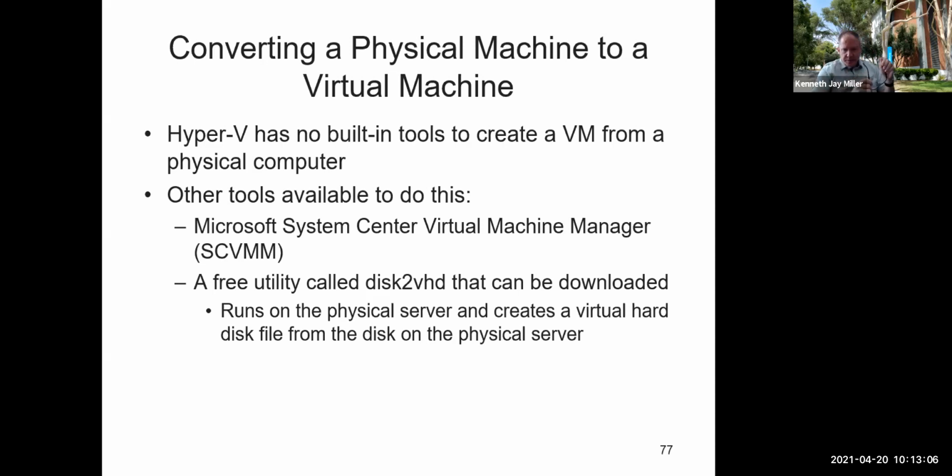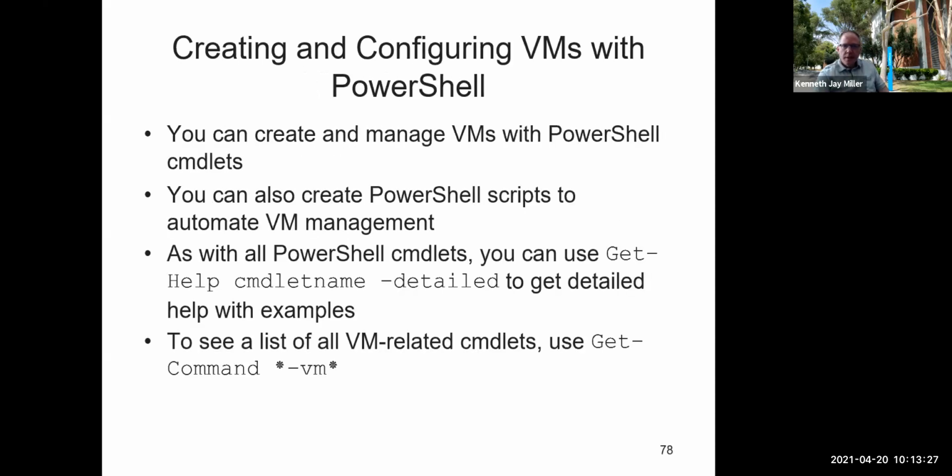There's also a free utility Microsoft created called Disk2VHD that you can download, and you can point it to the machine you want to virtualize, and it will take that machine and create a virtual hard disk of it, and then you can import that in. All right. Now we can use PowerShell to do all of this. We'll come back to PowerShell in another lecture, but it's easy to create a new VM, configure it, and then start it up and do the install all within PowerShell.